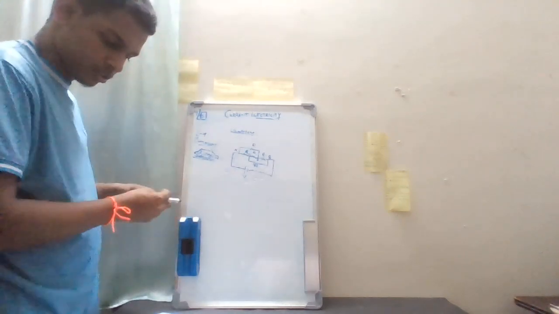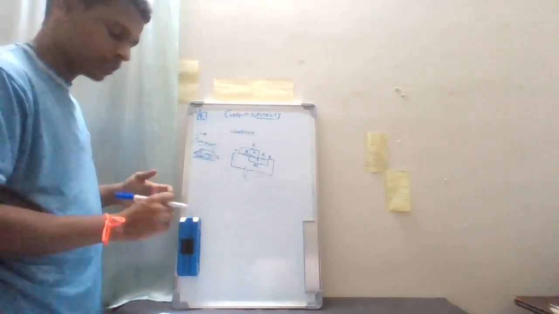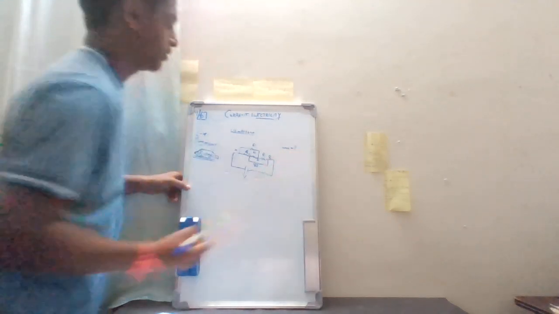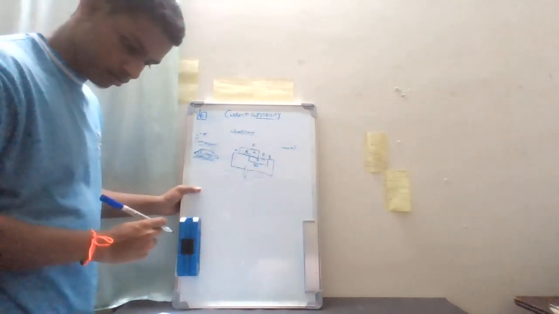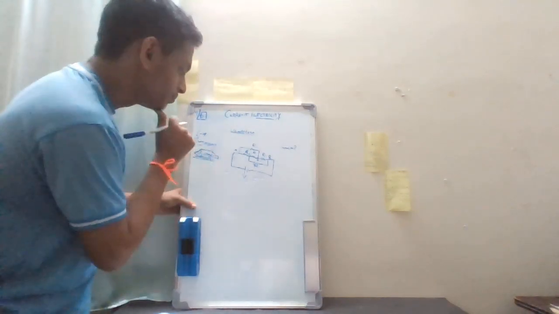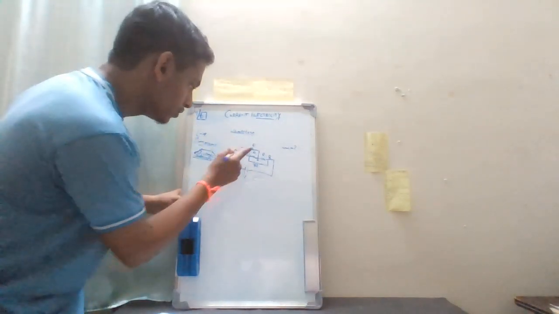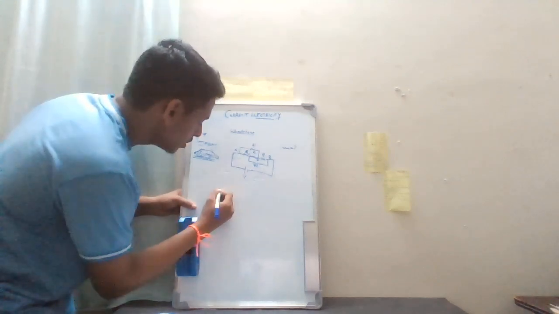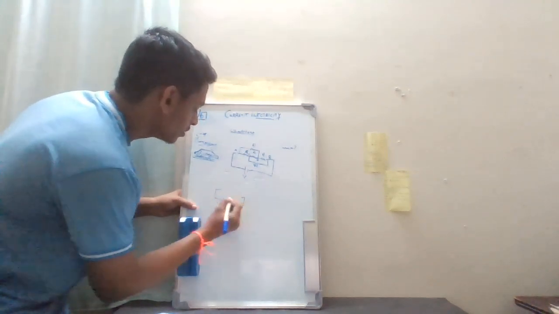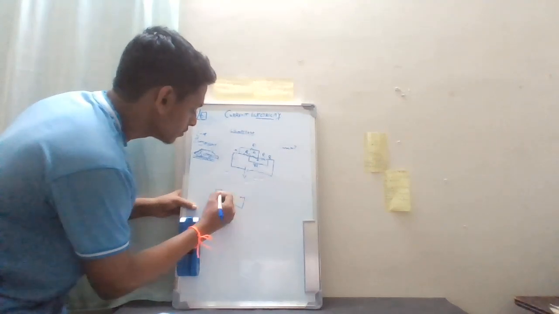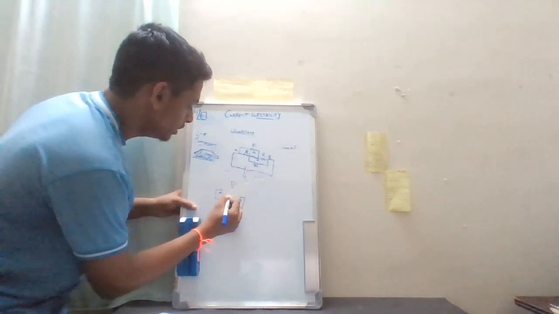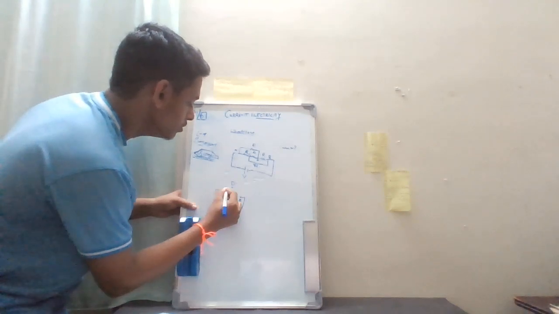Let's find out the equivalent resistance, and then the question is about finding the current in each wire. First we'll find the equivalent resistance, but before that, we'll remake this: D up, C down.